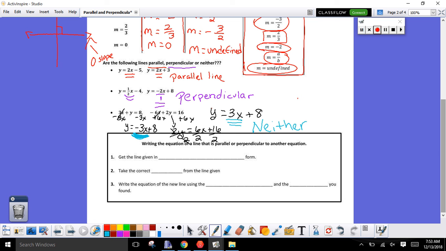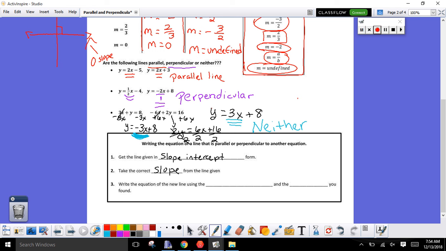Going to move down to the next section. It says writing the equation of a line that is parallel or perpendicular to another equation. Get the line given in slope-intercept form. Take the correct slope from the given line.